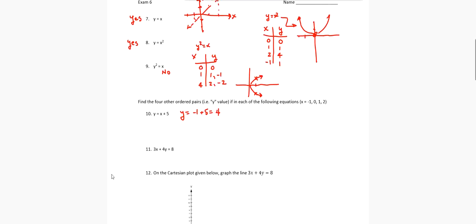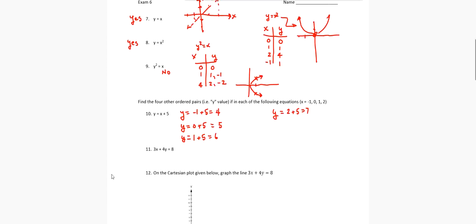Our second one is y equals 0 plus 5. So y equals 5. Our third one, y equals 1 plus 5 equals 6. And our fourth one, y equals 2 plus 5 equals 7.